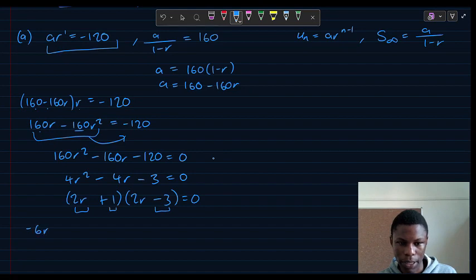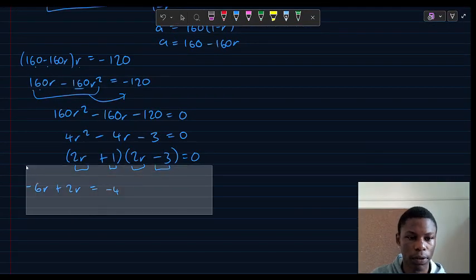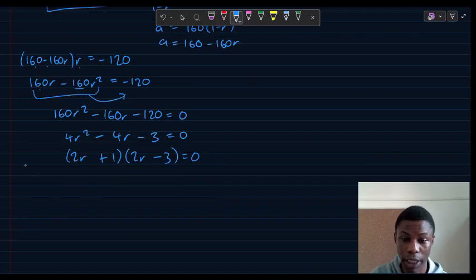If you multiply 1 by 2R, you get plus 2R, which gives us negative 4R, which is that. So that's fine. You can use the quadratic formula. Here, this is a bit tricky to factorize, so you're probably better off using the quadratic formula. But if you can, it is much faster, so do that.